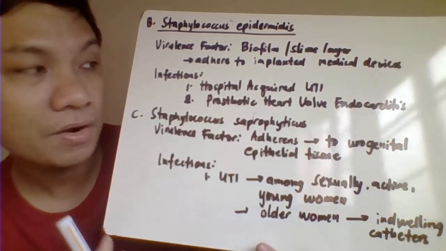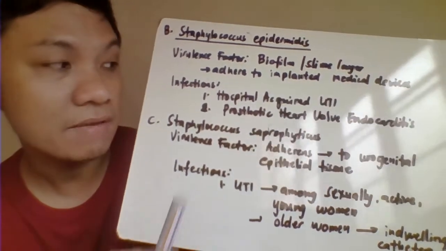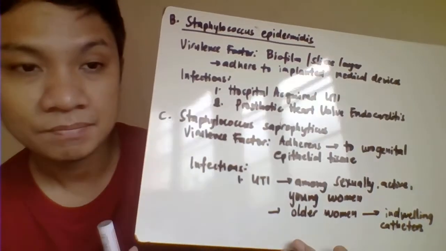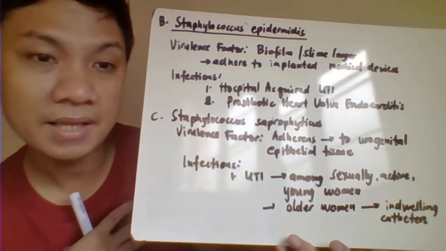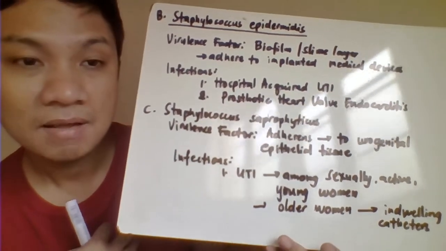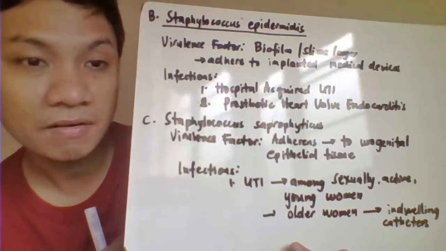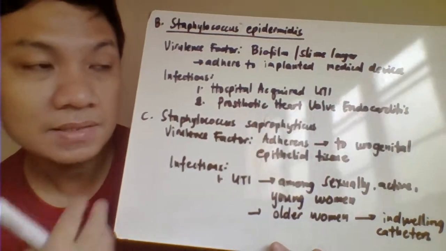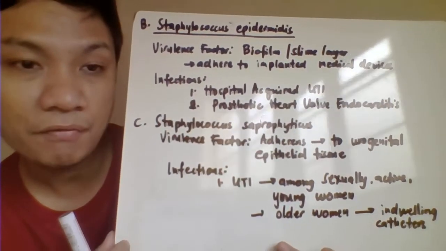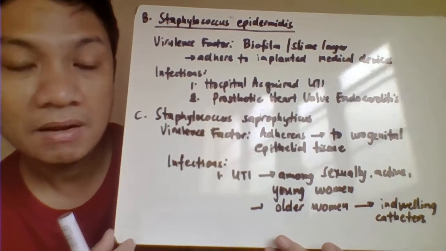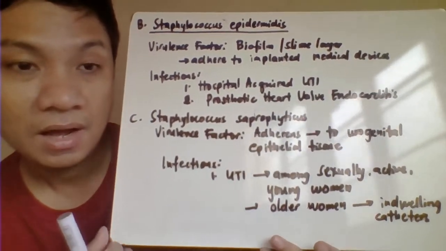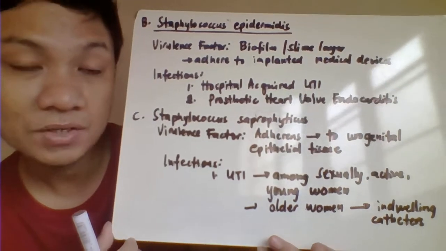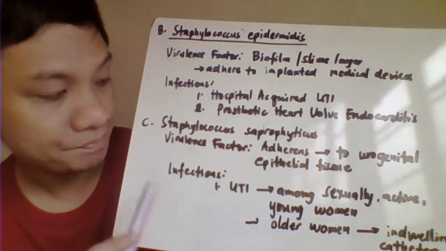It could cause hospital-acquired urinary tract infection or even endocarditis. Carditis is the inflammation of your heart, primarily because of the implantation of an artificial heart valve, where this bacteria, Staph epidermidis, is able to form your biofilm and eventually cause infection through your iatrogenic infection with your medical devices.